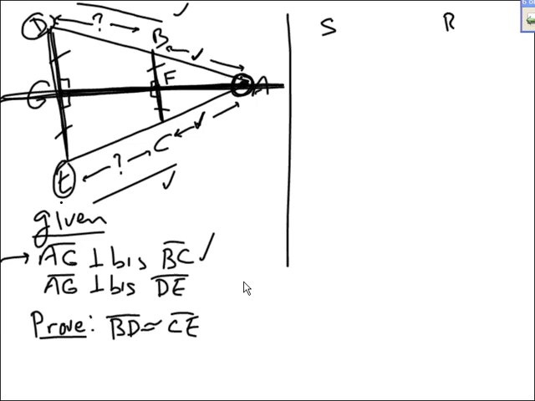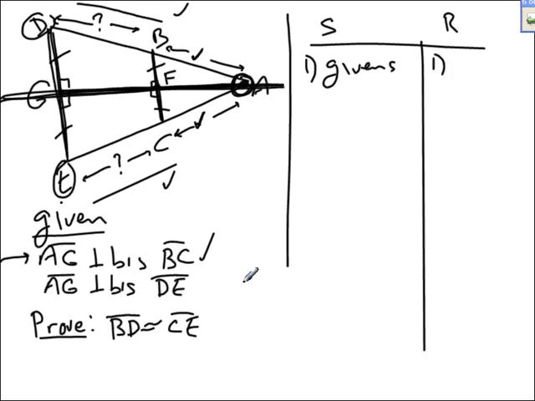Statements, reasons. Number 1, you have all the givens. Why is that correct? Because you were given it to be correct. Why is AG the perpendicular bisector to BC? It was given. Okay, so number 2.